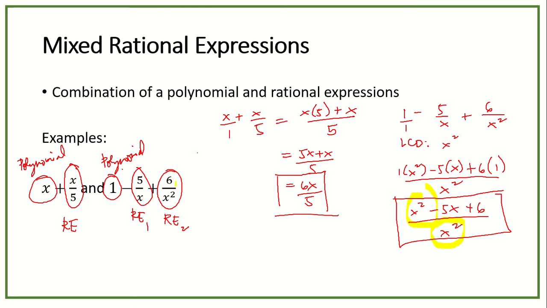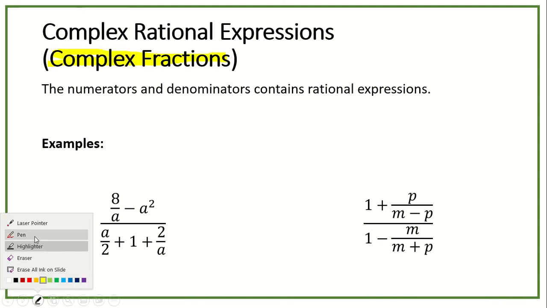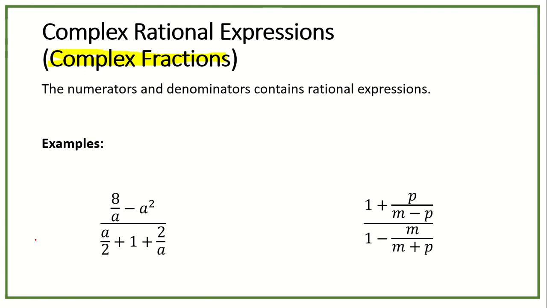So now, we're ready to understand what a complex rational expression is. We commonly call it a complex fraction. By definition, the numerators and denominators contain rational expressions. If you look at this one, maraming fraction bar ang nakikita natin. But this is the main fraction bar.